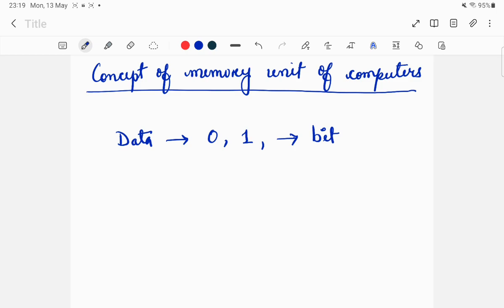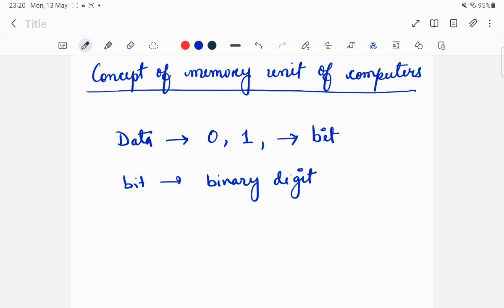Bit is basically a short form of binary digit. Each bit represents a single number. It can be 0 or 1.